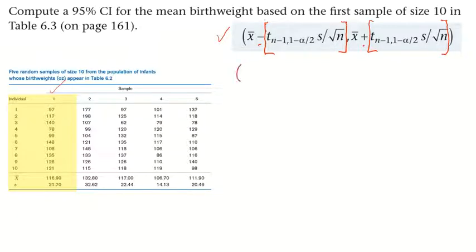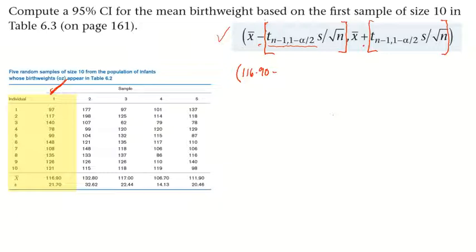First, what is the sample mean of our first sampling here? It's 116.9. Okay, and then we subtract t sub n minus 1, and then the 1 minus alpha over 2 percentile.